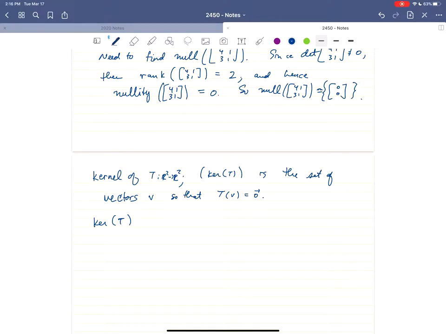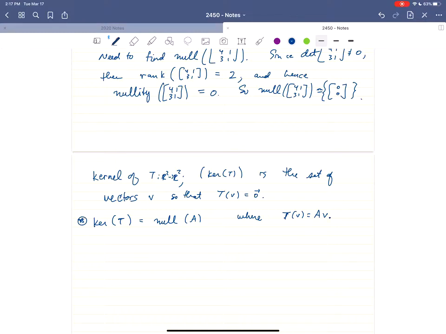It's only transformations between different dimensional vector spaces over the reals, but kernel of T is going to turn out to be the null space of A, where T of V is given by AV. Okay, so the kernel turns out to be the null space of A.